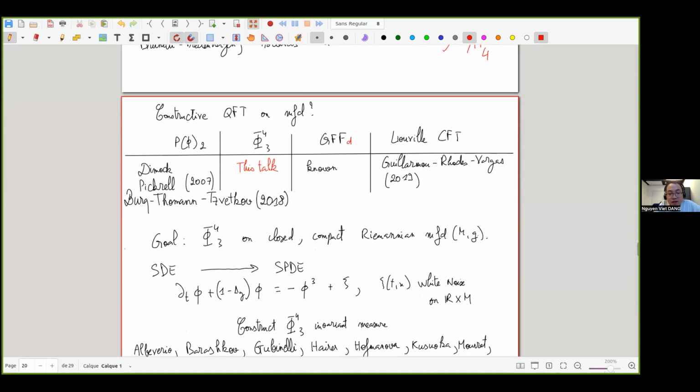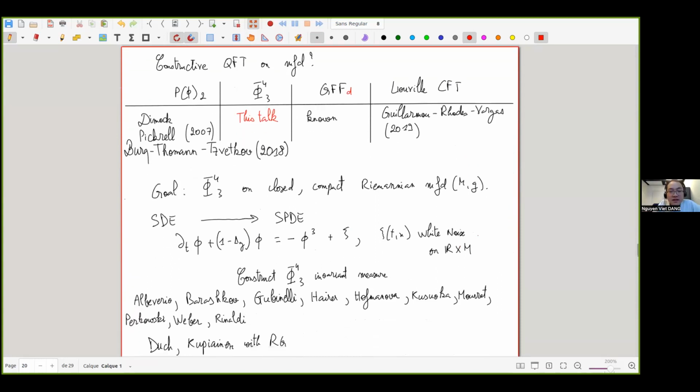This is an extremely natural question, at least to me. Of course, you can say it is academic if you don't like manifolds, but for me it sounded like a natural question. There are very few results in the literature where people are able to construct constructively these quantum field theory measures on manifolds. The only results I know are on surfaces for the Phi^4_2 models.